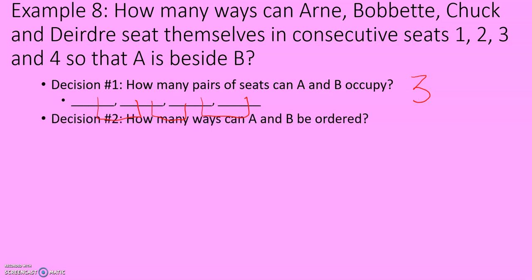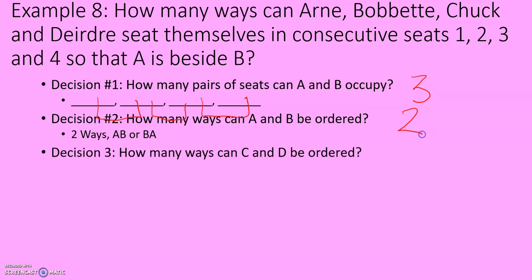How many ways can A and B be ordered? 2 ways, either AB or BA. Decision 3, how many ways can C and D be ordered?